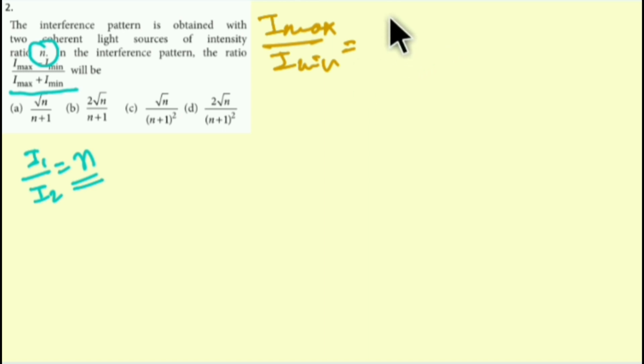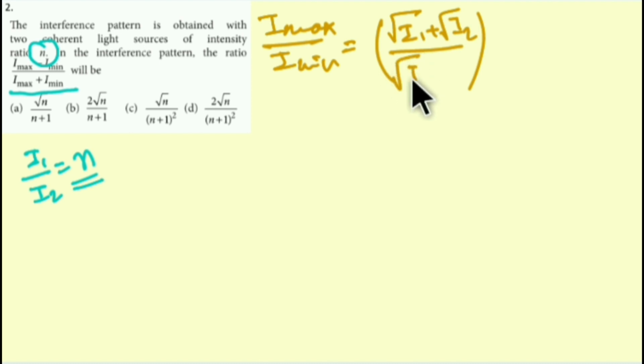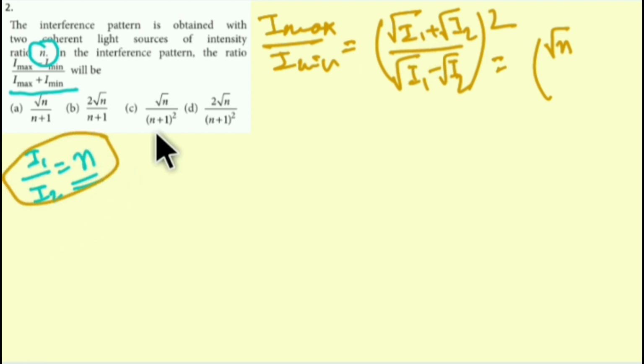This will be root I1 plus root I2, divided by root I1 minus root I2, whole square. I1 by I2 is related with the ratio n, so replacing I1 by I2 with n, we can get root n plus 1 divided by root n minus 1.